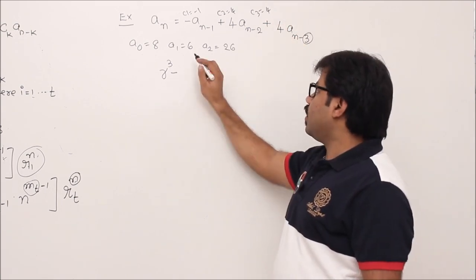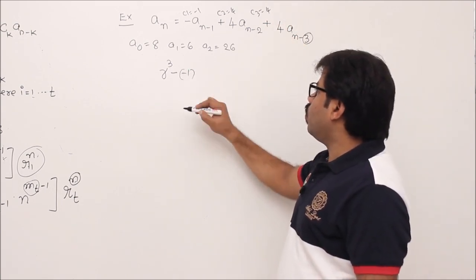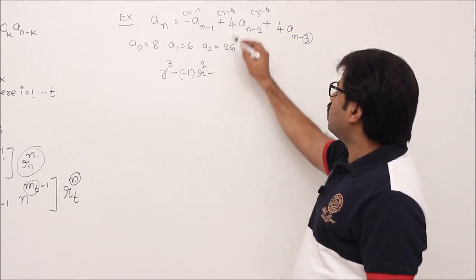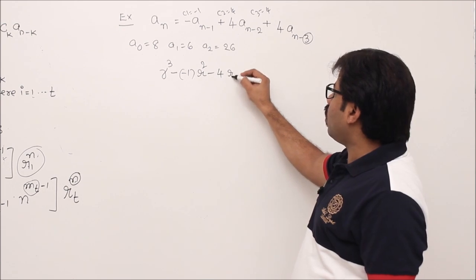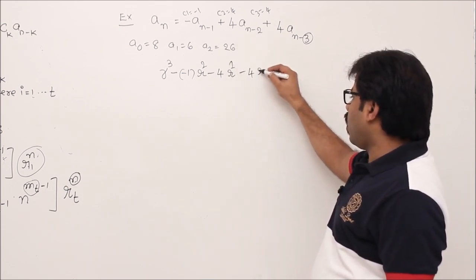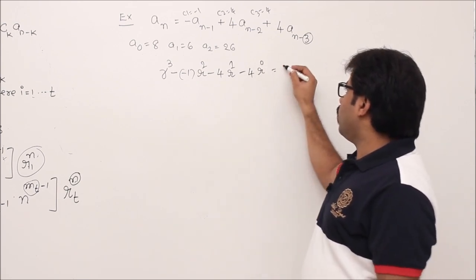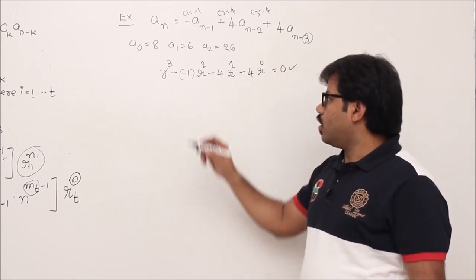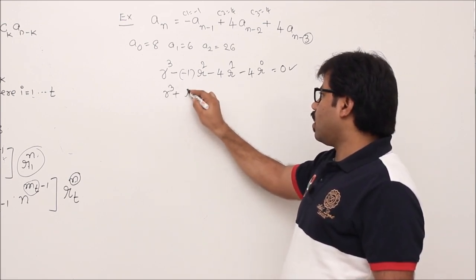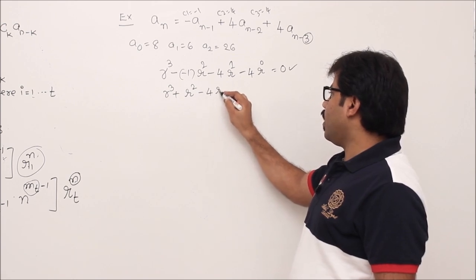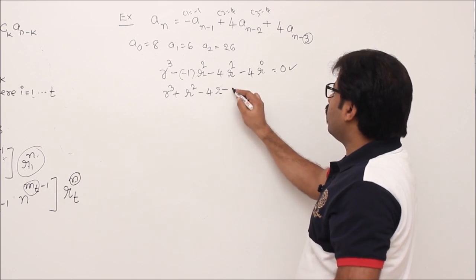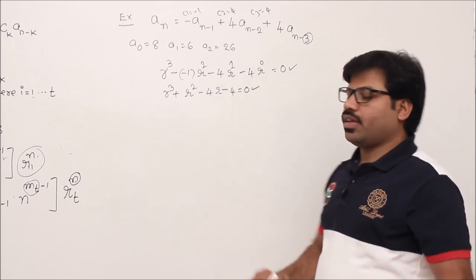So r cube minus c1, minus 1, into r square, minus c2, which is 4, into r to the power of 1, minus c3, which is 4, into r to the power of 0, which we have to equate to 0, correct? So let's do that. r cube plus r square minus 4r minus 4 equals 0. We have to equate it.